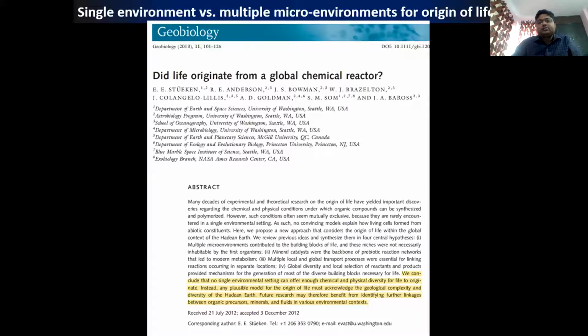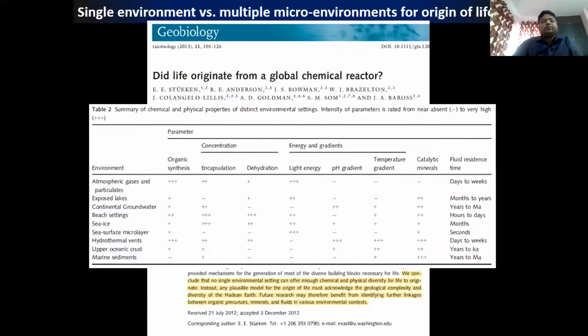And that leads us finally to this big question, as I started, that came in geobiology in 2013: did life originate in a single environment, or did multiple microenvironments contribute to the origin of life? So this paper studied different environments: atmospheric gas, exposed lakes, beach settings, sea ice, hydrothermal vents, oceanic crust, and marine sediments.